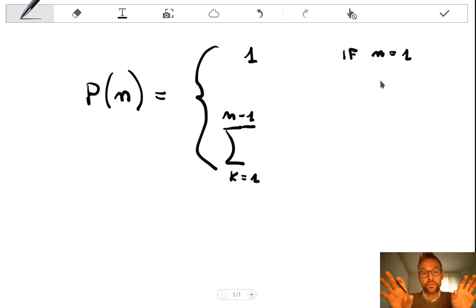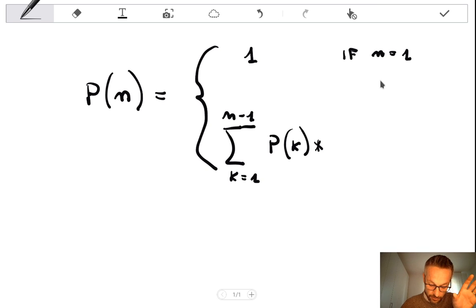Again, we can use P, since the number of elements in the first part is for sure smaller than the number of elements of the overall chain. So this is P(k) multiplied by P(n minus k).